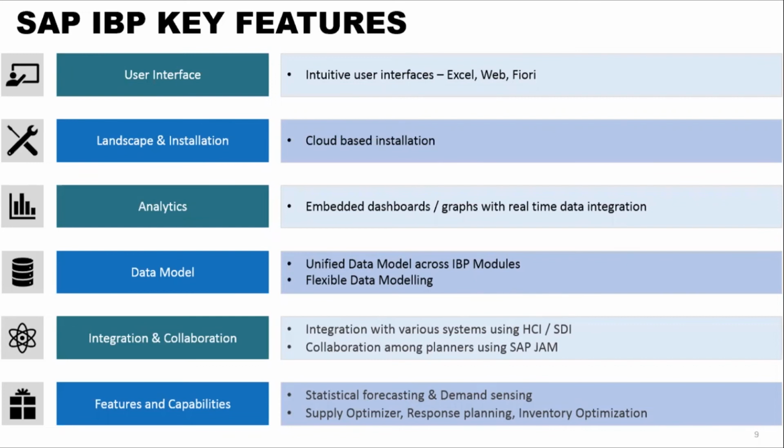And within your organization, you can collaborate with your supply planners, demand planners, or inventory planners with the help of SAP Jam. So this is with respect to integration and collaboration. And the features we discussed in the previous slide: we have sophisticated algorithms, different forecasting algorithms, and supply algorithms. These are some of the key features of the IBP.